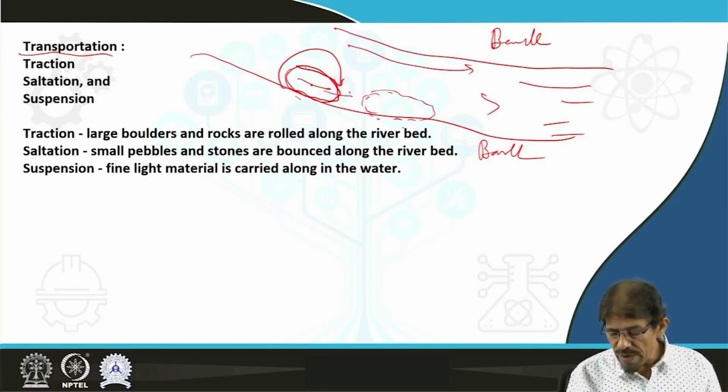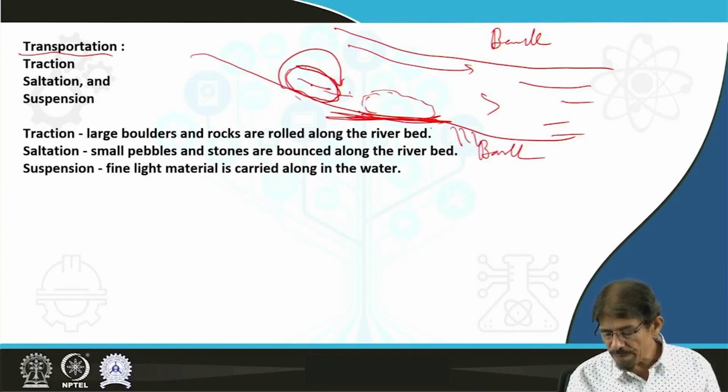Due to the movement, the drag or frictional force acting between the bottom surface of the river and the surface of this moving boulder is going to release physically some of the constituents of this bed as well as of this gravel.